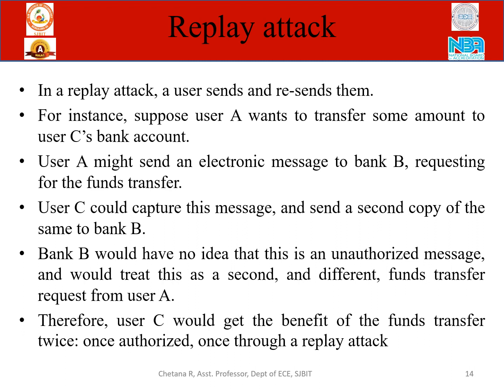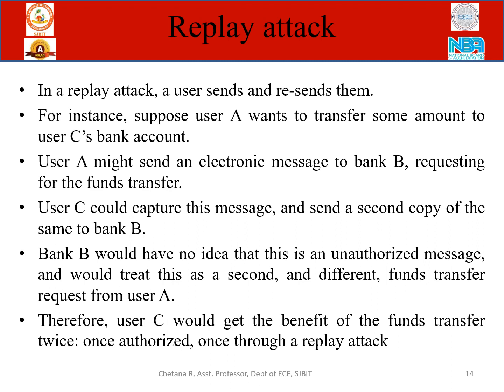Next we have replay attack. With an example, everything is dealt with here. In a replay attack, a user sends and resends the same thing. For example, user A wants to transfer some amount to C's account. So he sends the message to bank B requesting a funds transfer. C would capture this message and send a second copy.